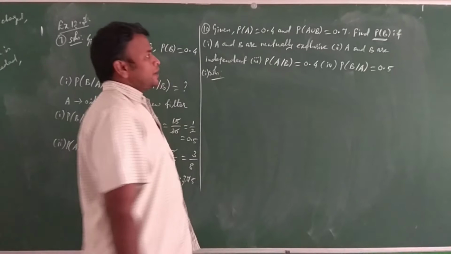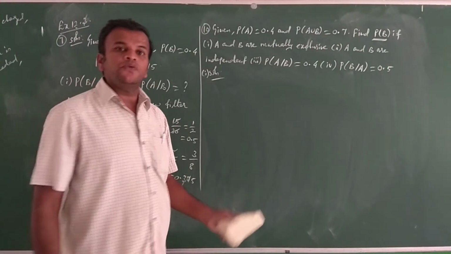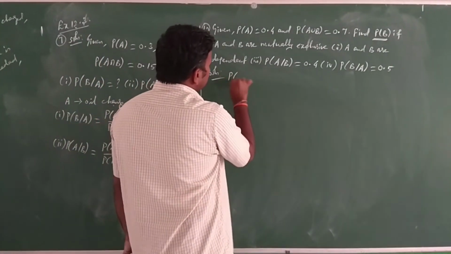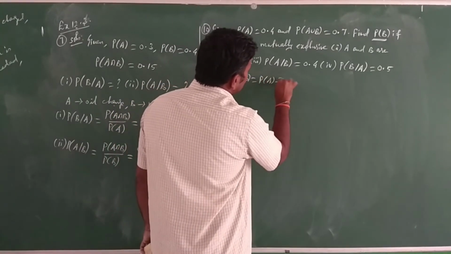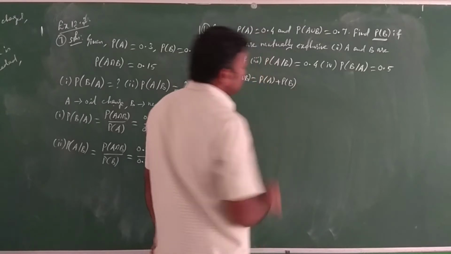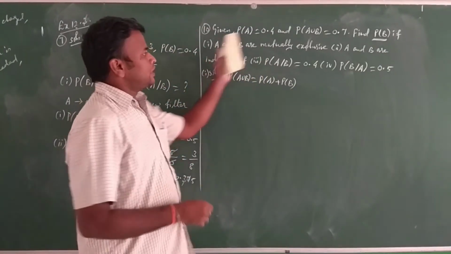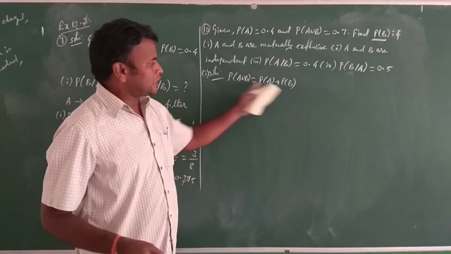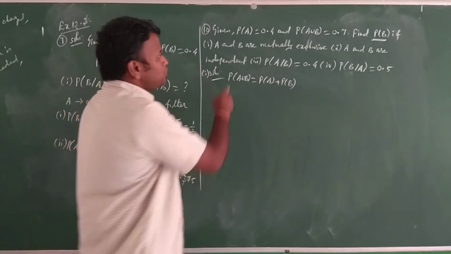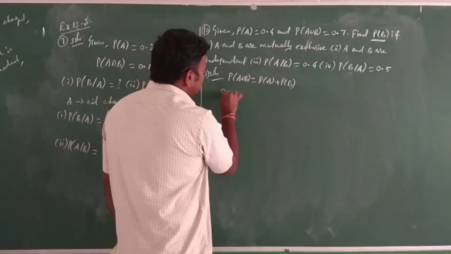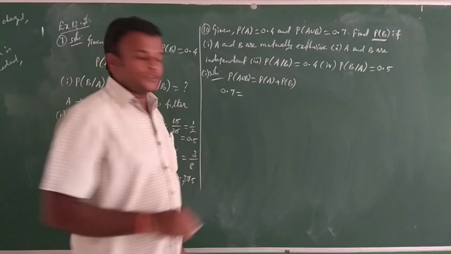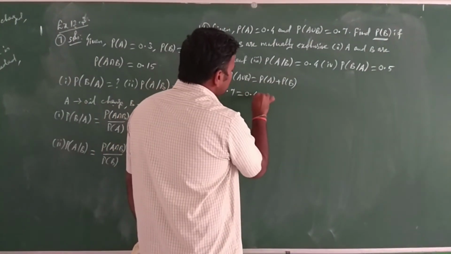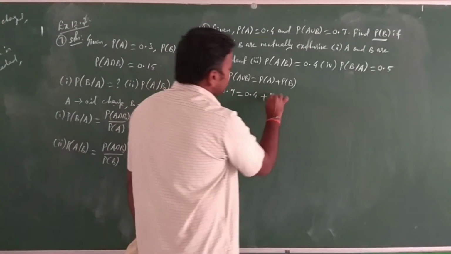Given A and B are mutually exclusive. If A and B are mutually exclusive, P of A union B is P of A plus P of B. Okay, we write A and B as an expression. Then P of A union B value is 0.7. P of A, the value of P of A is 0.4, plus P of B.